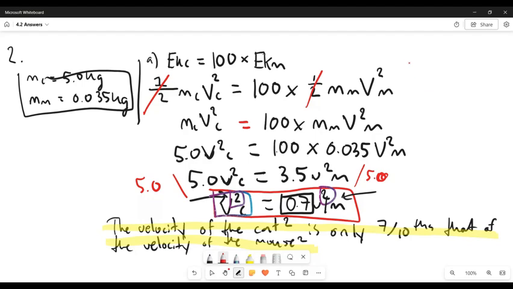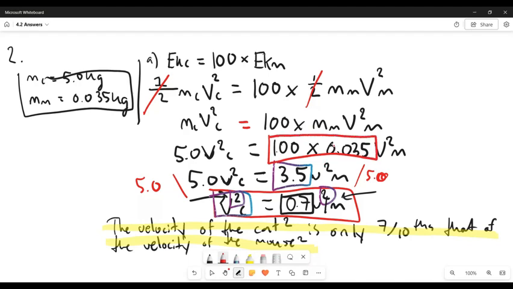Now, question B is asking how much more kinetic energy would the cat need in order to catch up with the mouse? And so if you look over here in our solving, you see that the reason why we got 0.7 was because there was a 3.5 over here, right? So that's the reason why we got that. So what we're going to do is take this value over here, where we got the 3.5 from.